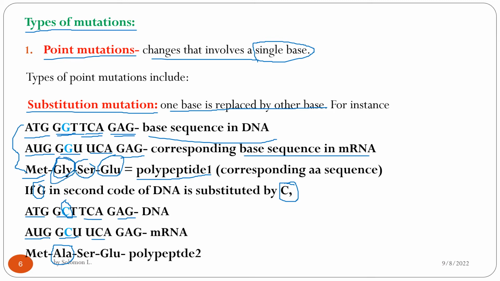So glycine is substituted by alanine because of substitution of guanine by cytosine. So immediately the formed polypeptide chain is changed due to replacement of glycine by alanine, due to a replacement of guanine by cytosine. So this type of mutation is known as substitution mutation.